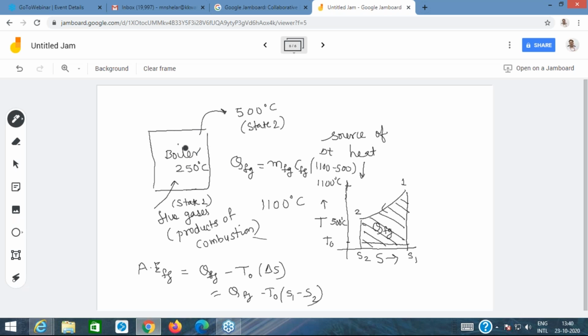Now, suppose this heat is going to the boiler, which is boiling the water at 250 degrees centigrade. How do I represent that process on a temperature entropy diagram? What would happen to the temperature of the water in the boiler?